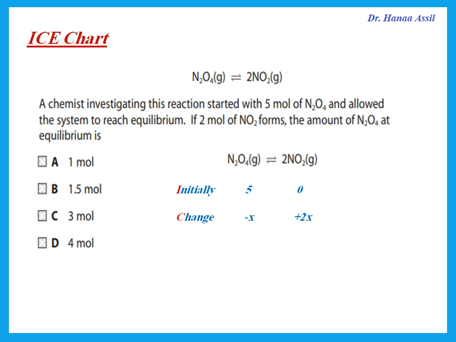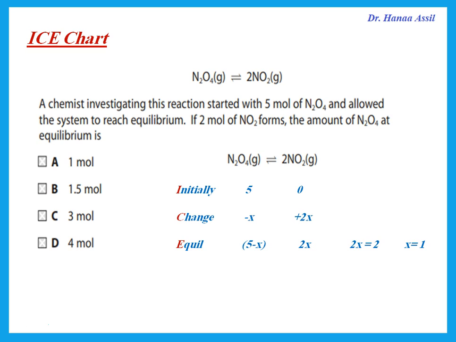So from the initial 5, I will remove minus x. But how much of NO2 will I form? I will form 2x, because 1 mole of N2O4 forms 2 moles of NO2. Now that means that at equilibrium, I am left with the rest of the 5, so 5 minus x, and I'm left with the 2x that is formed for the NO2.